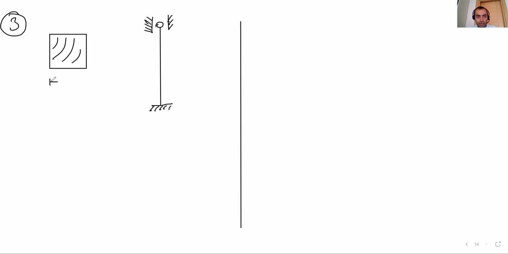Here we have a timber section. Dimensions are 12 by 12 centimeter. The allowable load for this system, P allowable, is 6.3 tons.